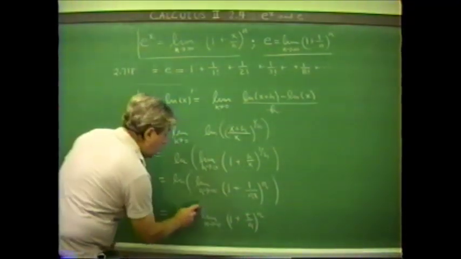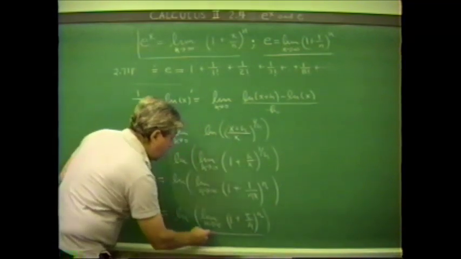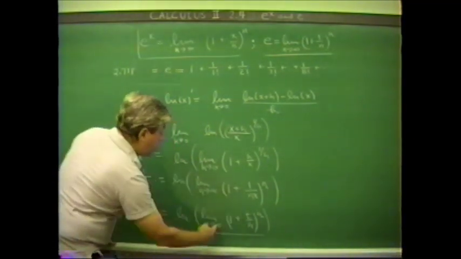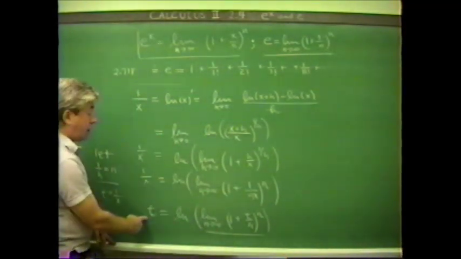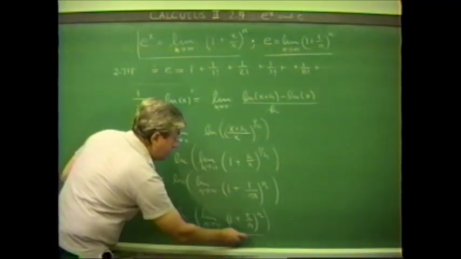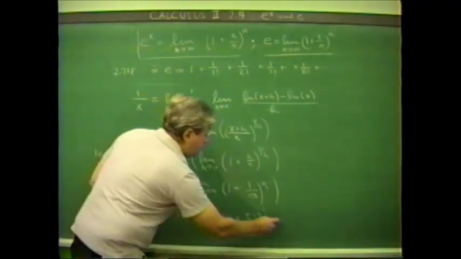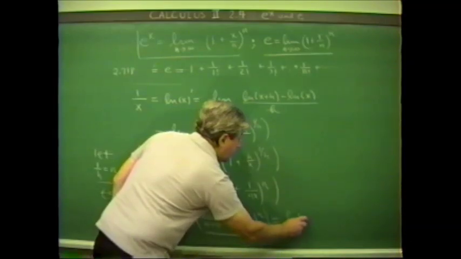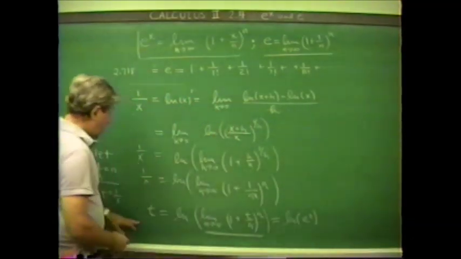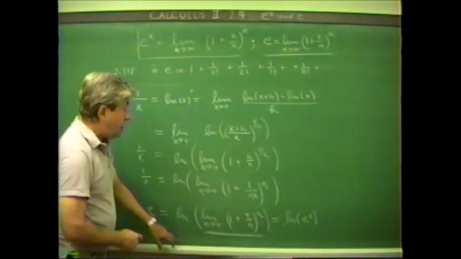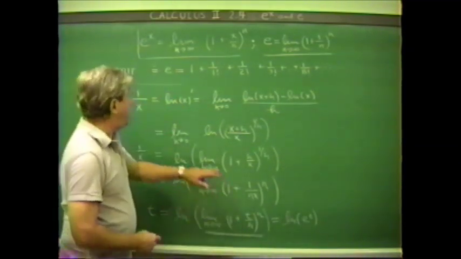So the logarithm of this quantity, you put in a number t and you take the logarithm of this quantity, you get t back. So this must be e to the t. You get t back when you take the logarithm of this quantity. So consequently, this quantity right in here must be e to the t.